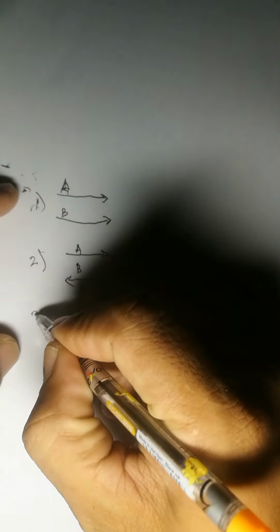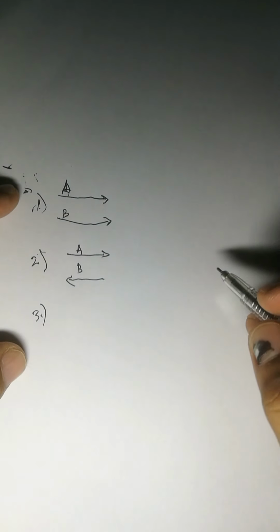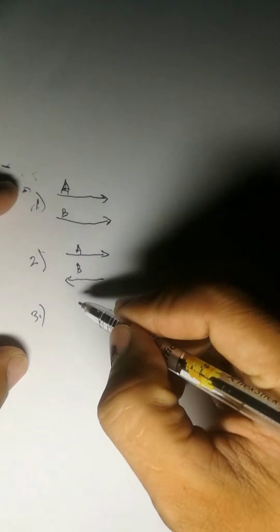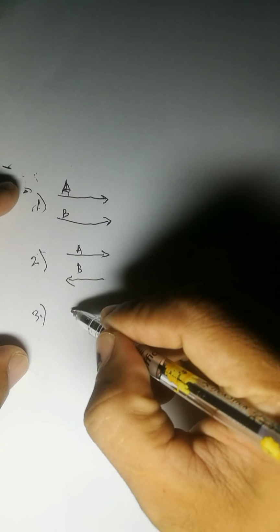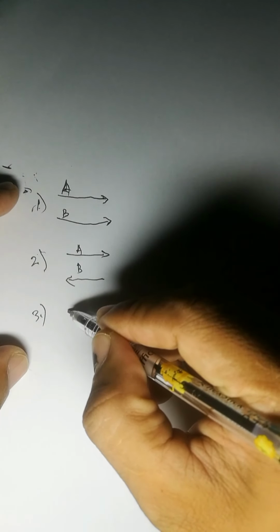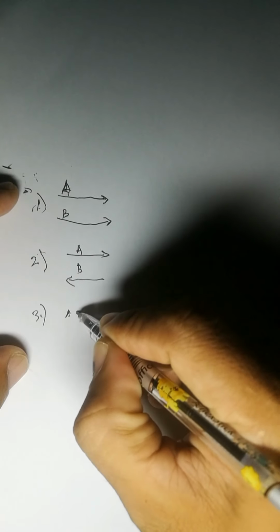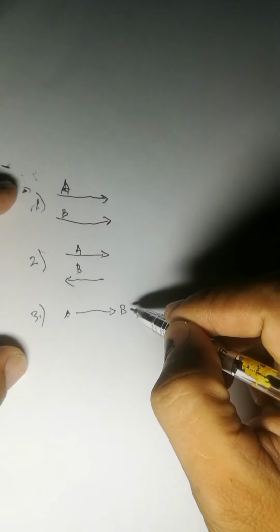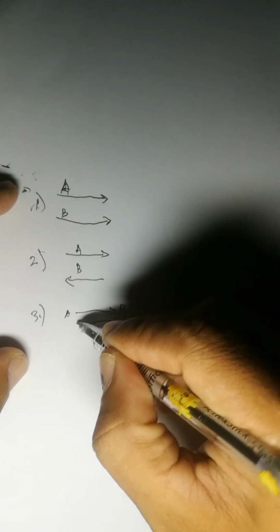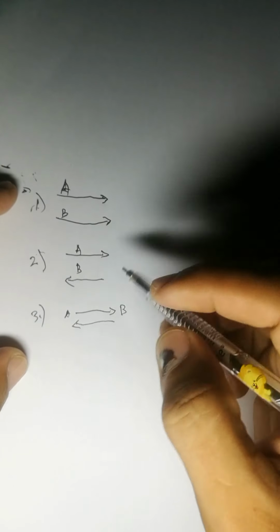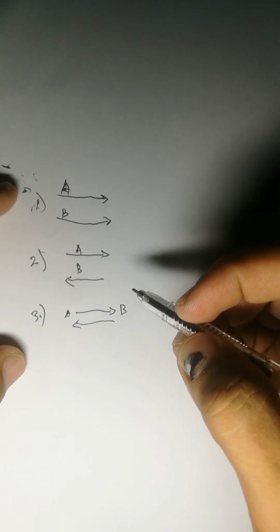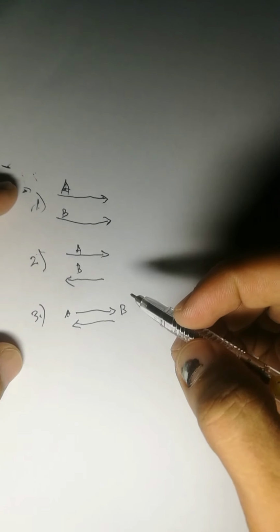While the third is called the round trip problems. Round trip means from one place you go to another place, from point A to point B, then you go back from B to A. That is called the round trip problem.